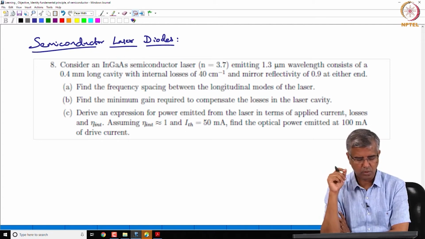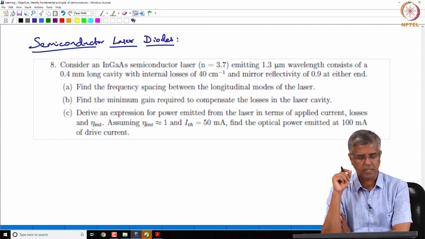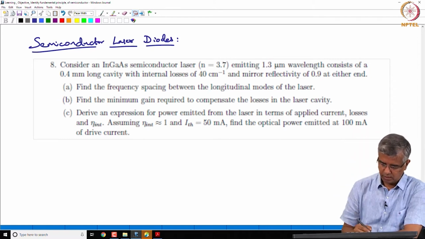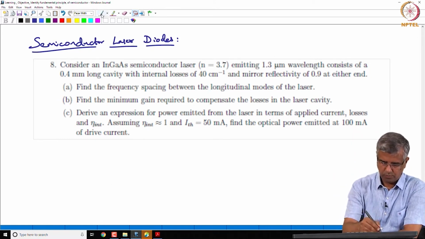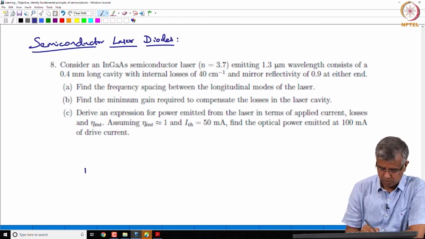So, let us just go into the specific structure of a semiconductor diode laser. To understand that, let us first of all define the double heterostructure once again.